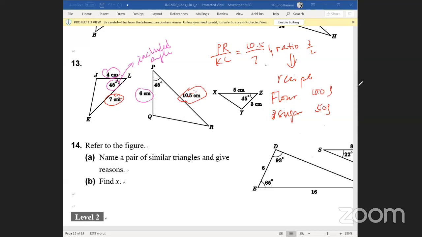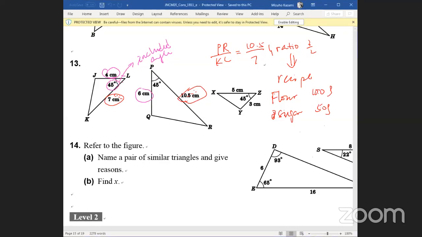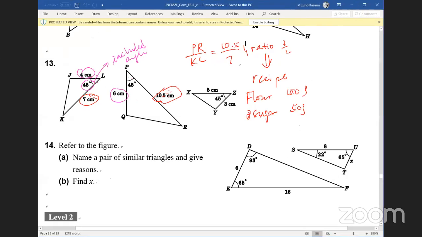Therefore, in case you don't have so much flour, for example, if you have just 50 gram of flour, then you know that you should use 25 gram of sugar.